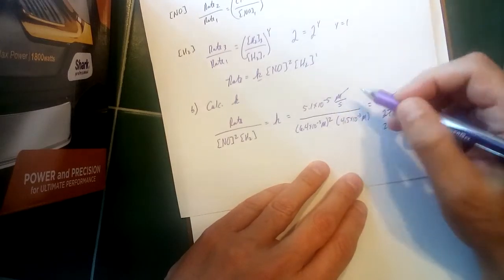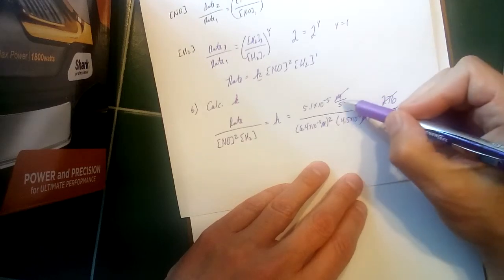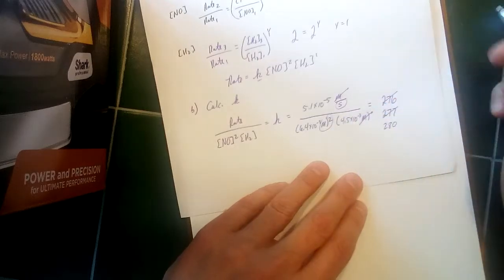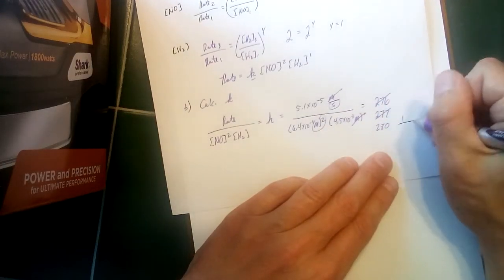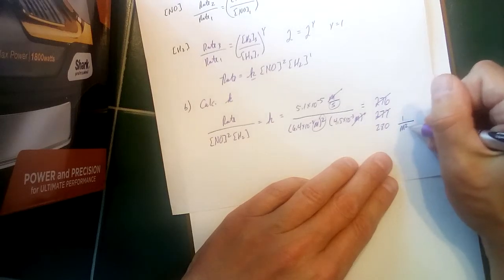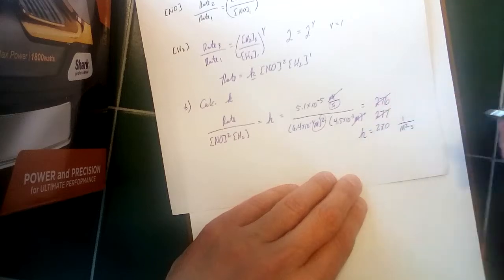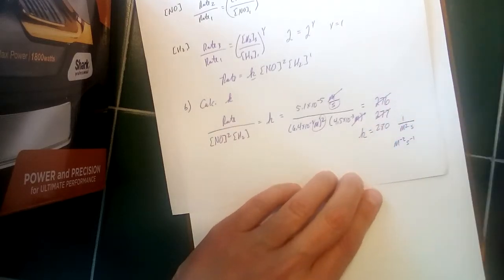This molarity here would cancel with 1 on the bottom, but only 1. So we'd still have the seconds here on the bottom of the fraction, but we'd have 2 molarities on the bottom of the fraction. So the units here would be 1 over molarity squared times seconds for K. Now that's often written as M to the minus 2, s to the minus 1.